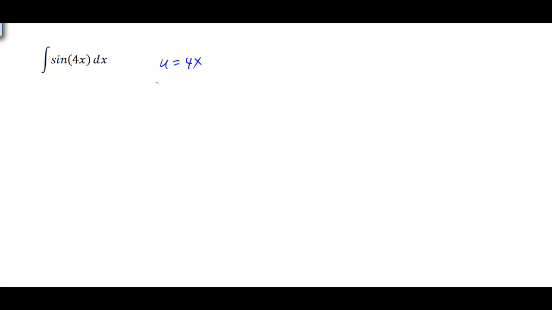And if we let u equal 4x, then the derivative of u would be 4 dx. Now, keep in mind, what was the integral of your sine function? Let's maybe look at that before we go any further. If you look at your formula, the integral of sine of u du, correct?